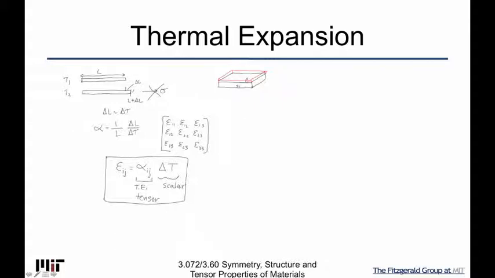So if I deposit this gallium arsenide at say 700 degrees C, and I'm cooling down to room temperature, I have hundreds of degrees of temperature cooling.